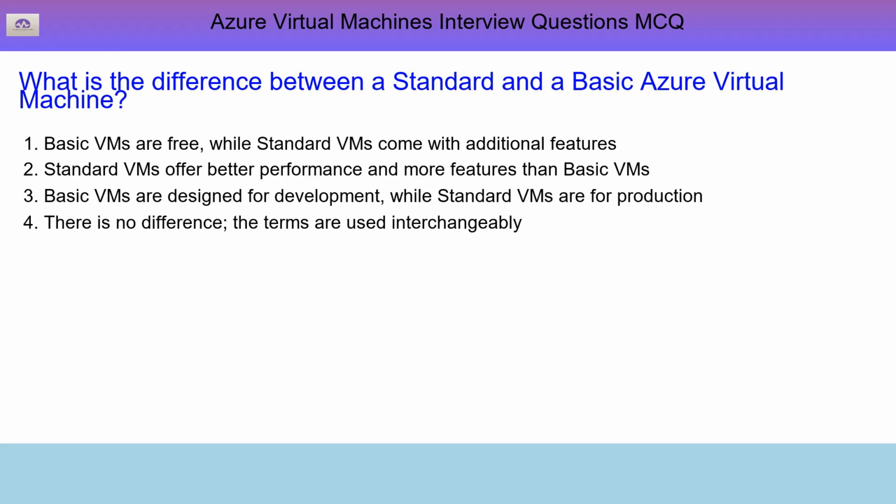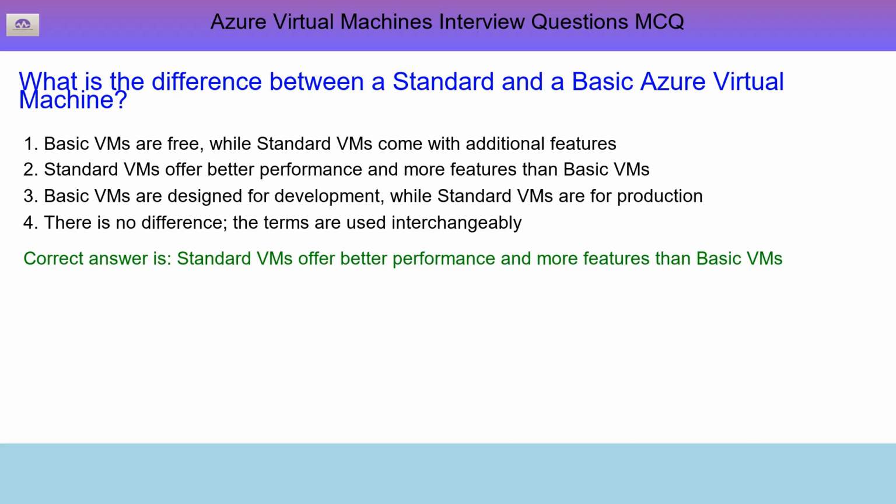Basic VMs are designed for development, while standard VMs are for production. 4. There is no difference. The terms are used interchangeably. The correct answer is standard VMs offer better performance and more features than basic VMs.